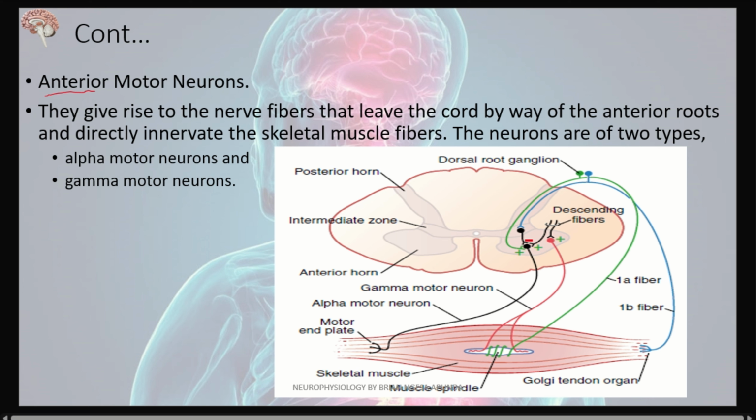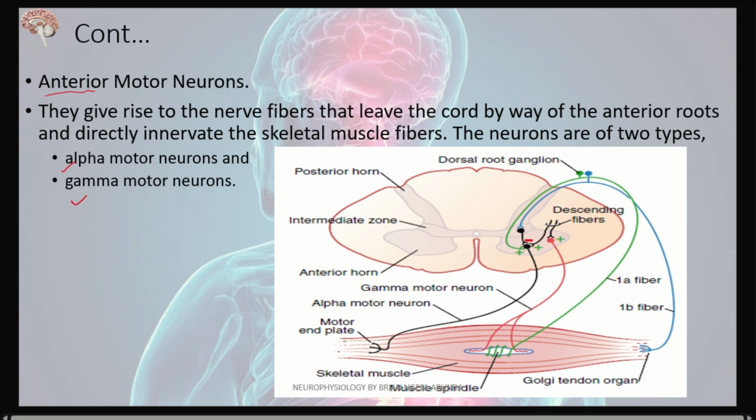It is good to note that when it comes to motor neurons, we have two major types. These types are categorized depending on their size or where they are likely to end up anatomically. You are seeing here the alpha motor neurons and the gamma motor neurons.